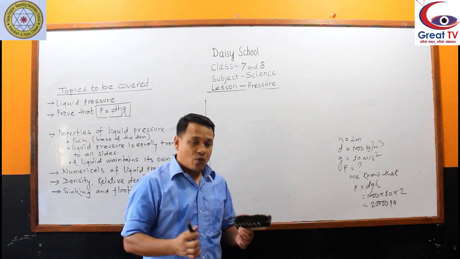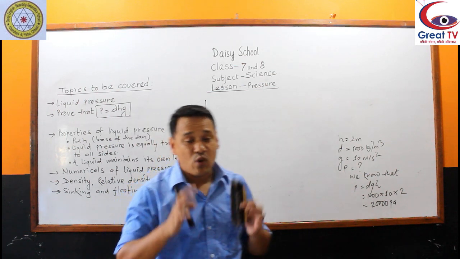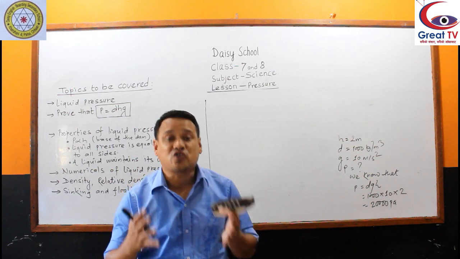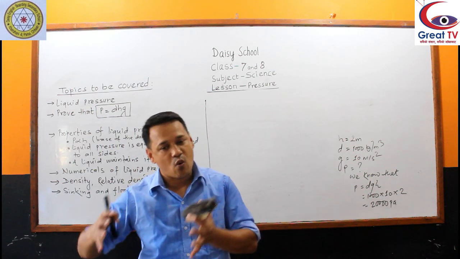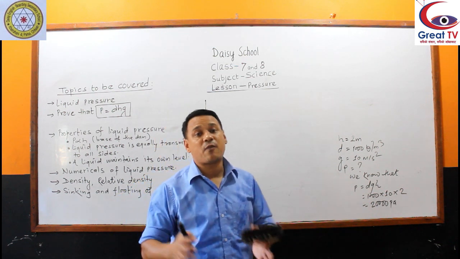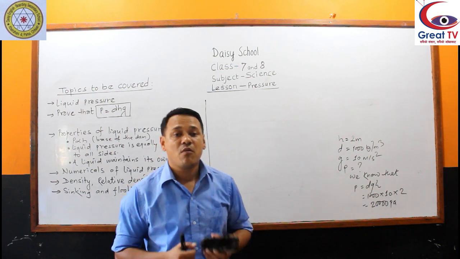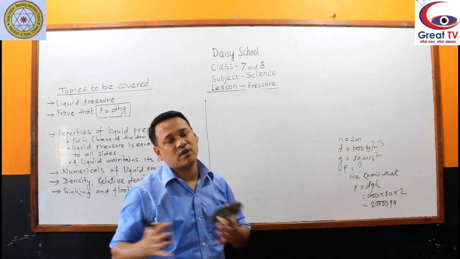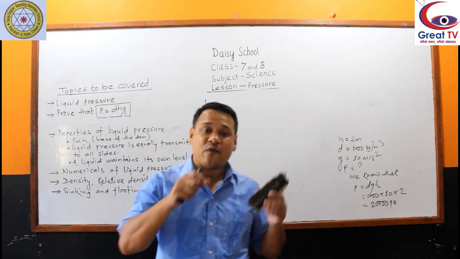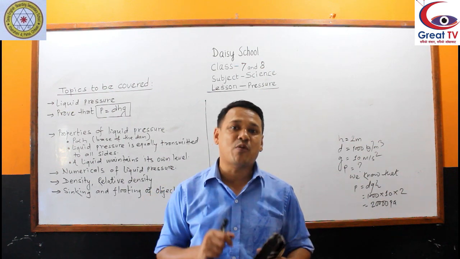So in 1 meter cube volume, how much mass of cotton can be kept? Similarly, how much mass of iron can be kept at the same volume? Which one will have more mass, 1 meter cube volume of iron or 1 meter cube volume of cotton?